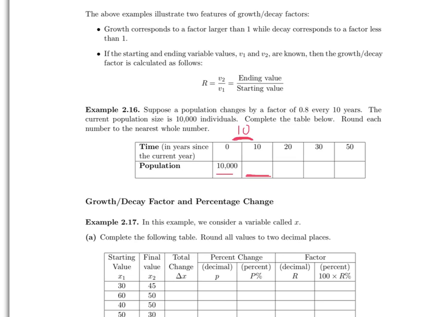The 10,000 here would be our starting value. We're trying to determine our ending value, namely the population in year 10. To calculate the ending value, we take our starting value and we multiply by 0.8. In other words, 10,000 times 0.8. This gives us 8,000.